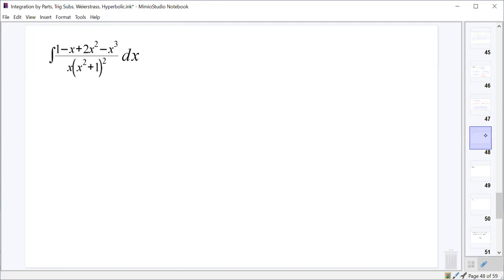Yep. So I'm going to just start writing out our partial fractions. 1 minus x plus 2x squared minus x cubed over all of this, x times x squared plus 1 squared, needs to equal A over our linear piece. And then we have an irreducible quadratic, x squared plus 1, that's being squared.